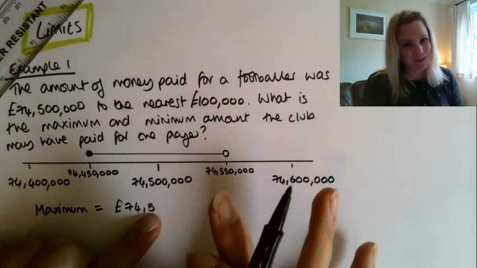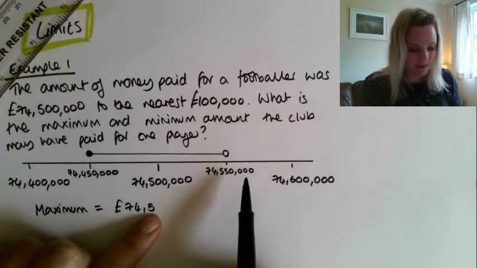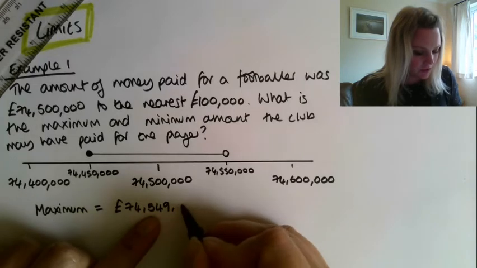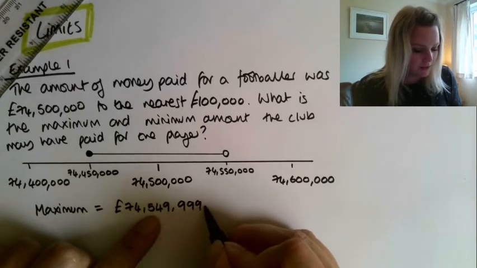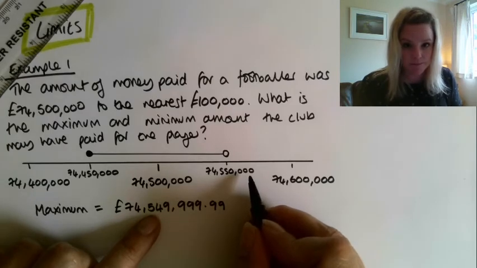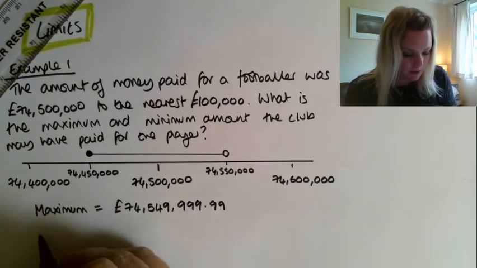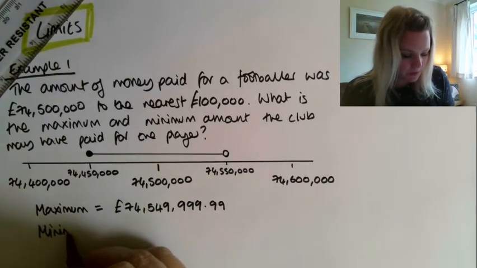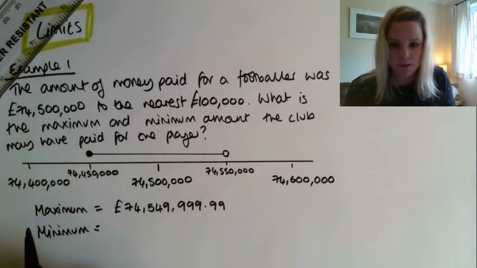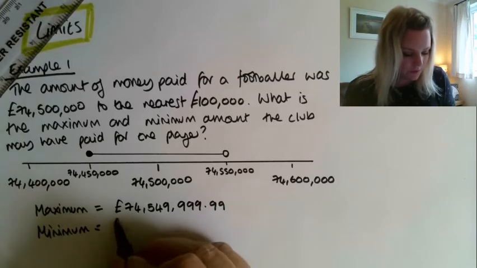So that's quite hard to get your head around. So if we just think about 1p less than this, 549,999 pence. So it's 1 pence short of that. Okay, the minimum amount that they may have paid is going to be this value here, the 74,450,000.